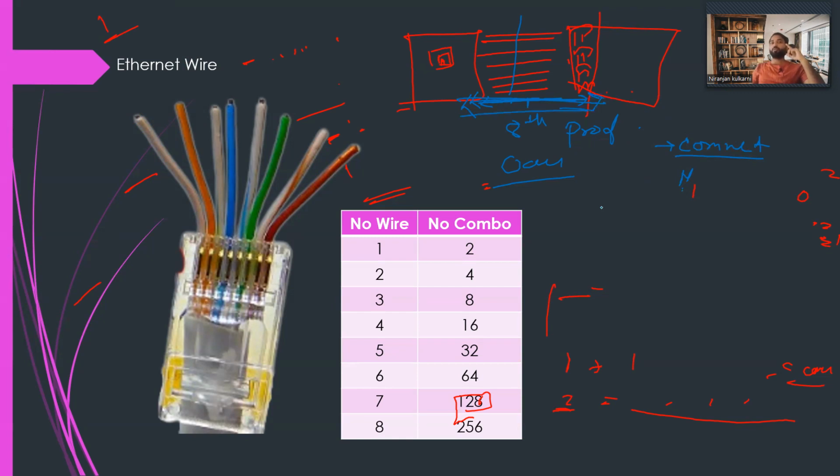To represent all the digits and characters that were decided at the time, 127 different answers had to be sent. One wire is connected for the character set, and one wire is connected as a proof wire. That's why in the initial days we see 8 bits in 1 byte. That is the real reason why there are 8 bits in 1 byte.